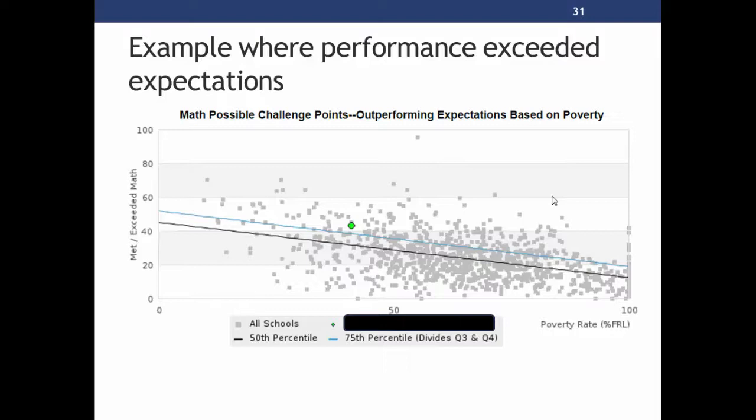What's helpful about these charts is that whether you fall above or below the line, you get a sense that given poverty, people are performing at all levels of expectation. So if you're below that line, you can rest assured that there are schools that you can learn from that are outperforming expectations, that have the same poverty level that you have in your particular school.